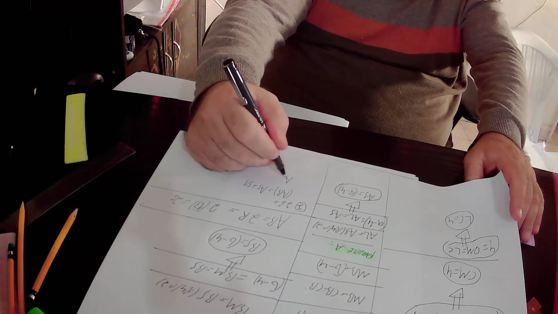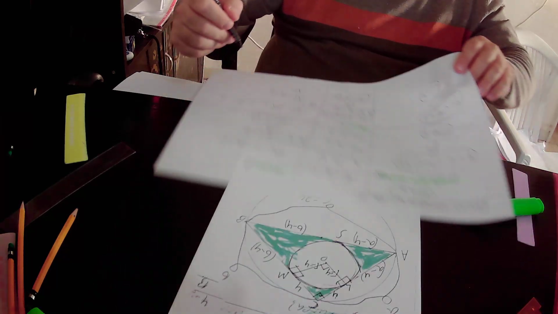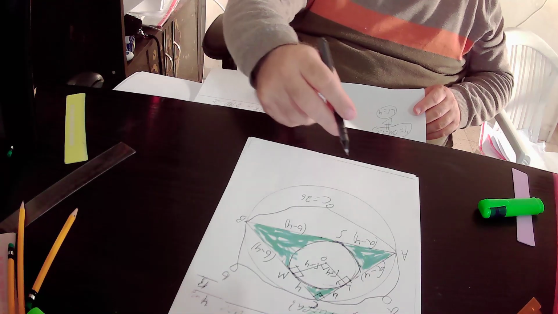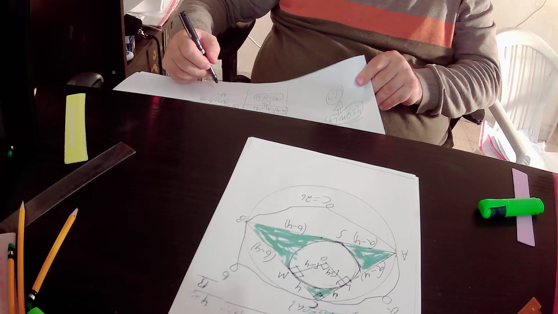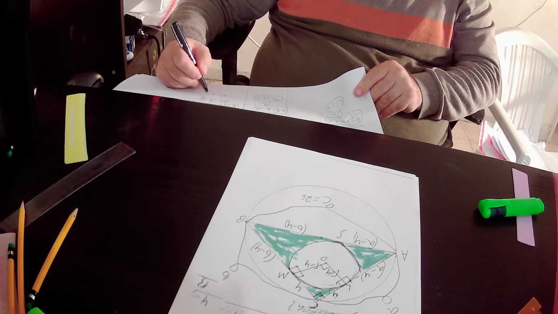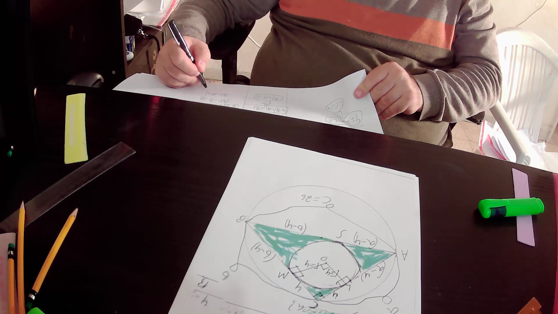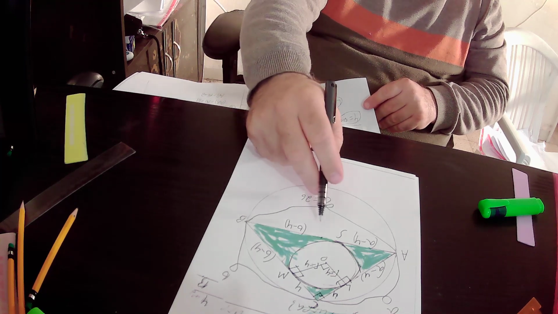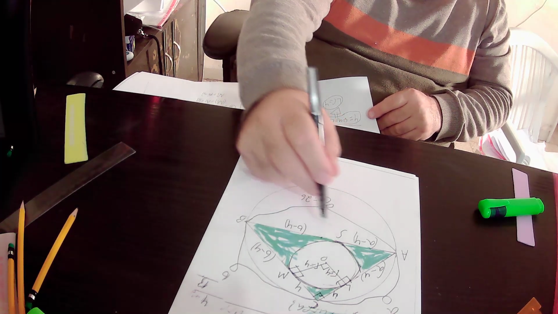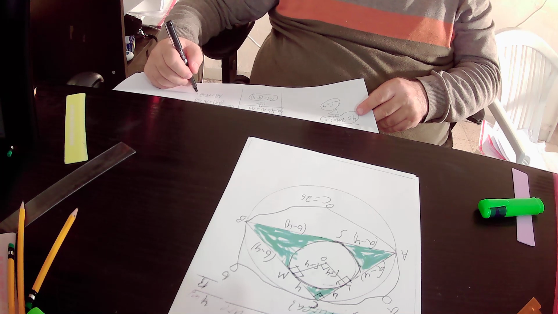That is to say, AB equals AS, which is A minus 4, plus SB, which is B minus 4.